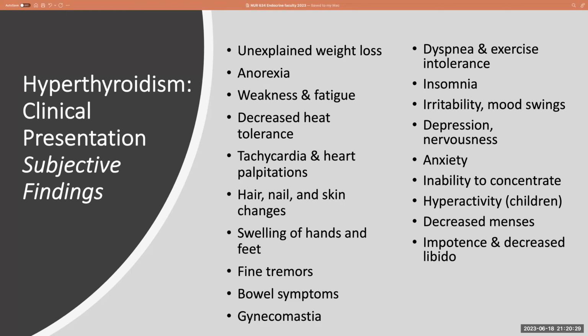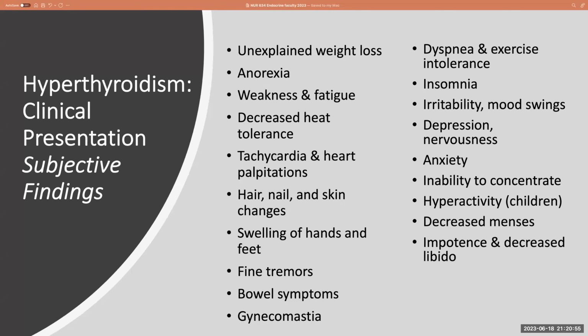As we move to hypothyroidism in a few minutes, you'll realize there are a few of these changes that are kind of across the board, like the fatigue and the insomnia. The depression can go for both hypo and hyperthyroidism, as can decreased libido, but others are very much for hyper or hypo.